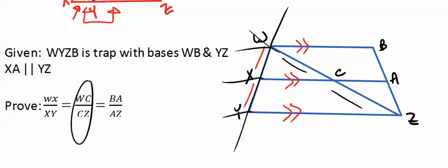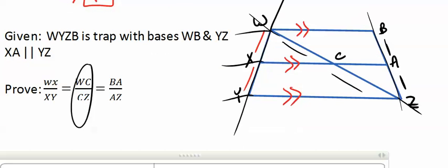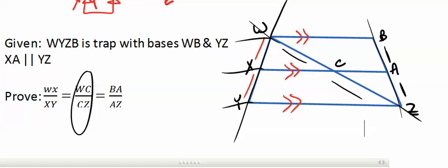That's also a transversal, as is the BA and AZ. So all three of those are transversals being cut by parallel lines. And we've already established parallel lines, so we'll use our second theorem. If three or more parallel lines are intersected by two transversals, the parallel lines divide the transversal proportionally.